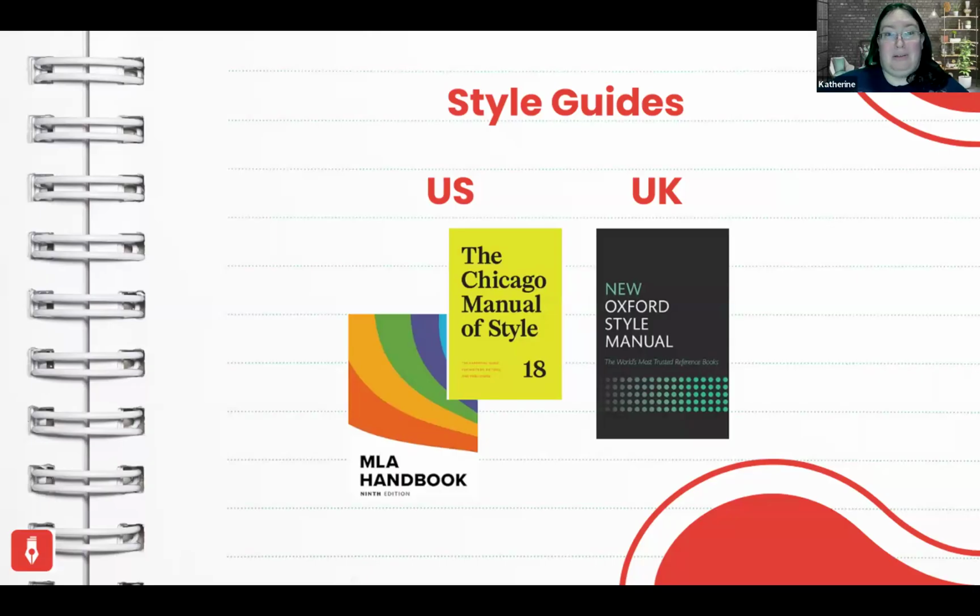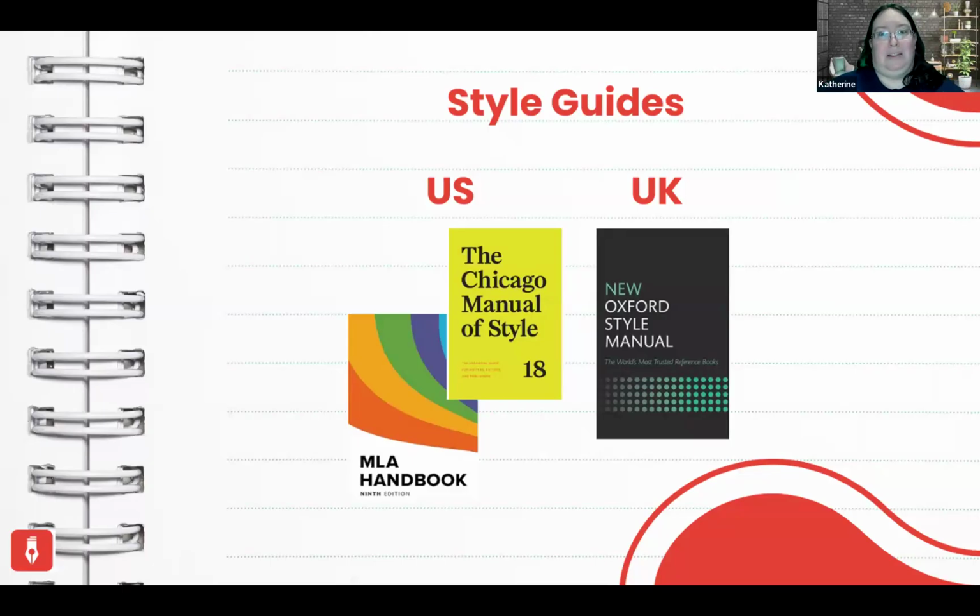So my personal recommendation, you can do what works best for you, is to look for the primary country you want to release your book in, the US, the UK, Canada, Australia, and look up what genre you have in that country and the word style guide.